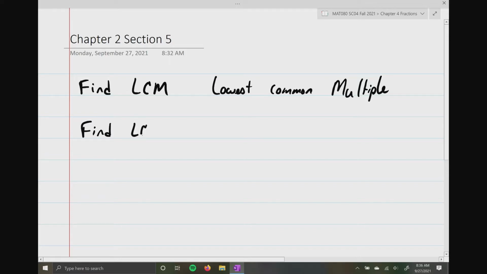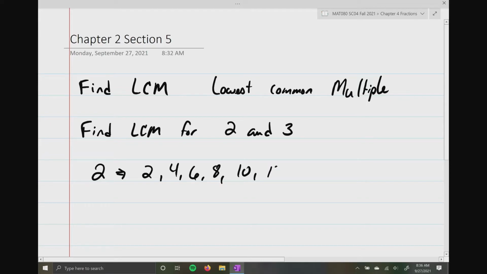Find the LCM for 2 and 3. So what you would do here is start writing out the multiples of 2. Because if you think about it, it's the lowest common multiple. Multiples for 2 would be 2, 4, 6, 8, 10, 12, and so forth.